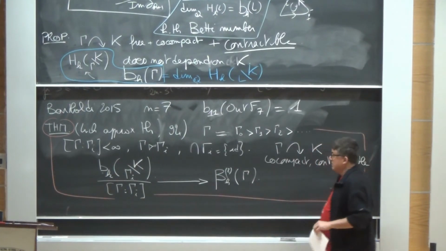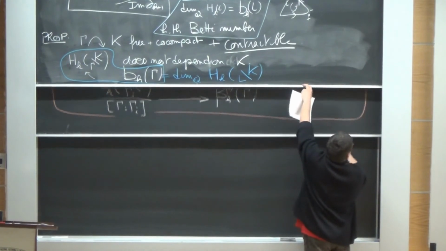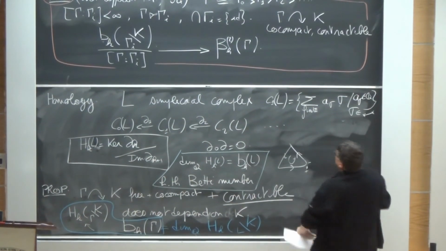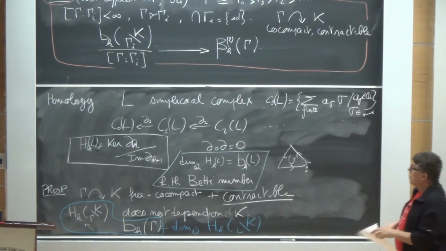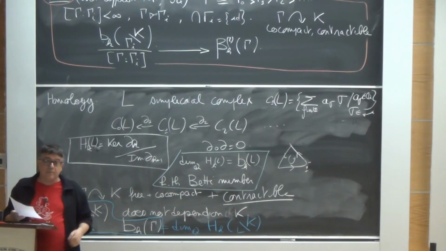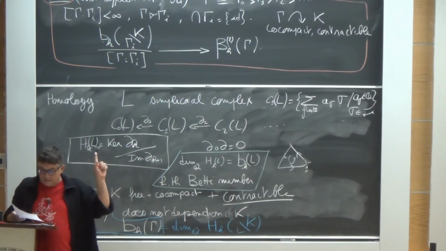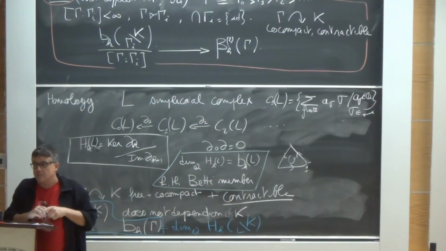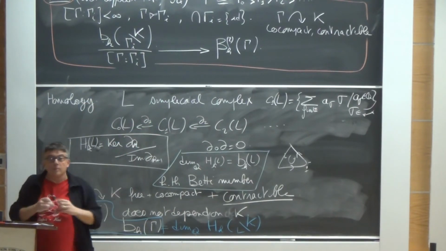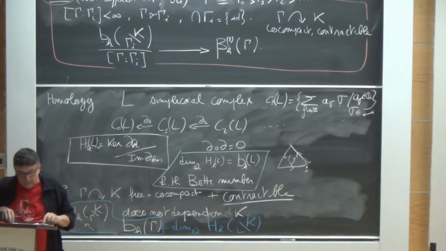So this explains it. I must mention that the group I'm interested in, Aut Fn, is residually finite. It admits such a sequence of finite index subgroups.